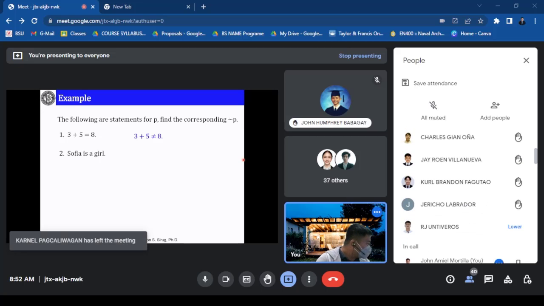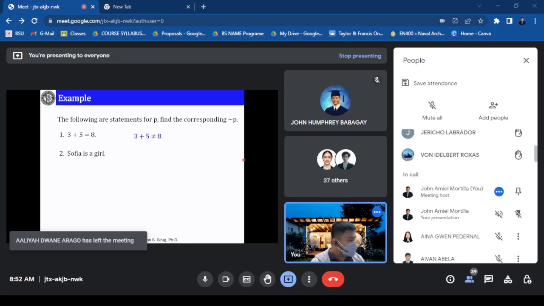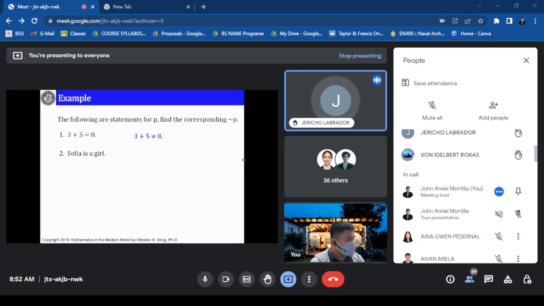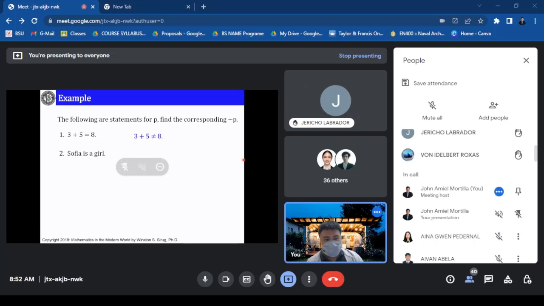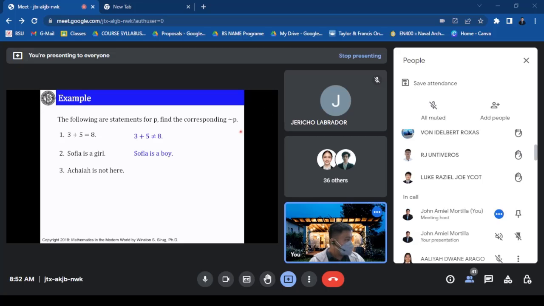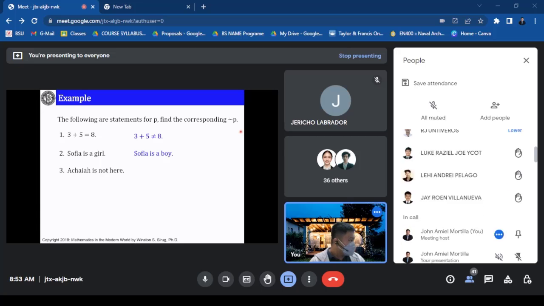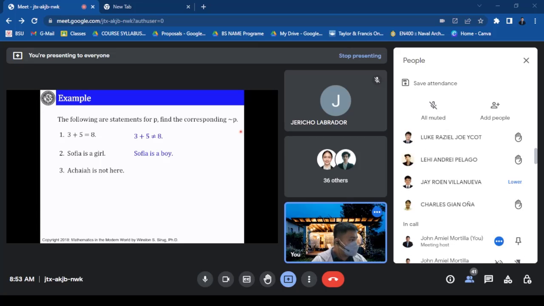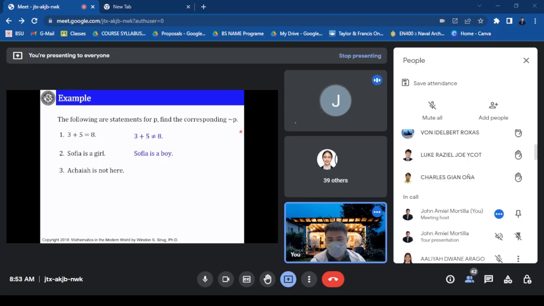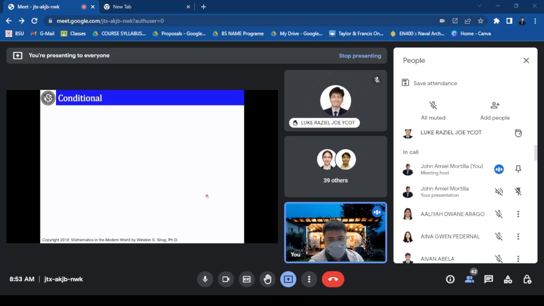Yung mga hindi ko pa natatawag ha. Okay, Jericho Labrador. Sophia is a boy po, sir. Okay. So number 2, we have Sophia is a boy. Number 3, Luke Rizel. Akaya is here po. Yes. Number 3, Akaya is here.